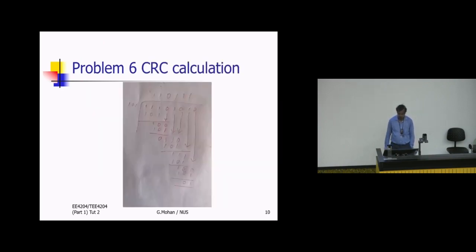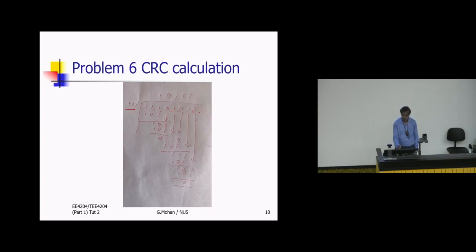Anyway, I also carried out this division. It's difficult to type into this, so I put it on paper and scanned it. So this is the given data stream 111011010, including the CRC bits. Don't try to add zeros and other things on the receiver side, okay?